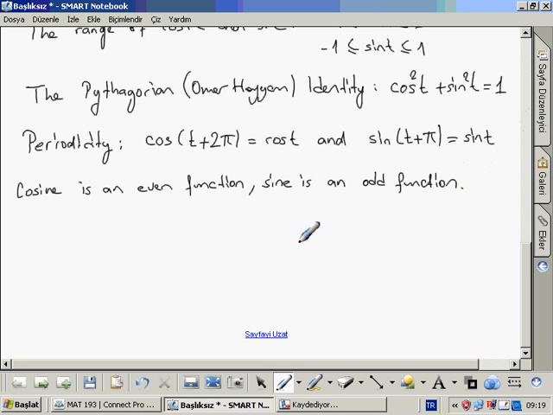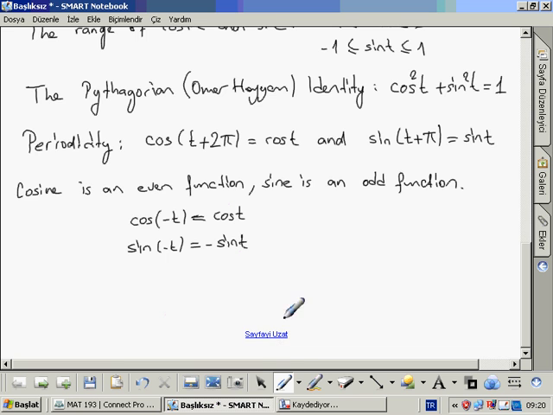What does it mean? Please remember even and odd functions from the previous lecture. Cosine of minus t equals cosine t because it is an even function, and sine of minus t equals minus sine t. Don't forget it.